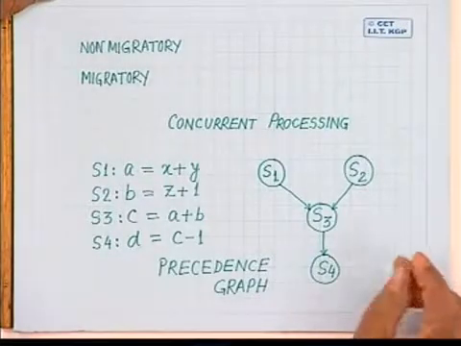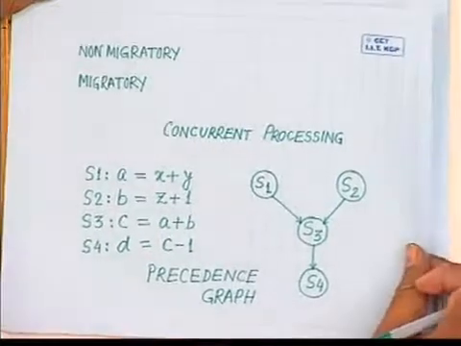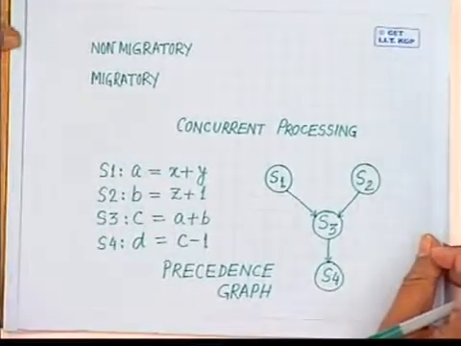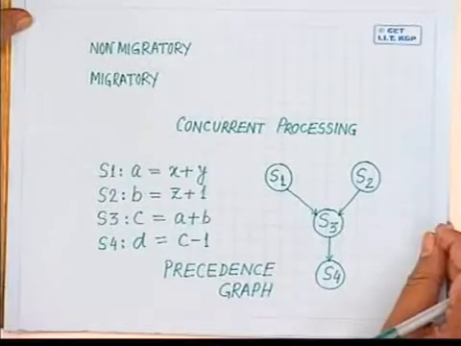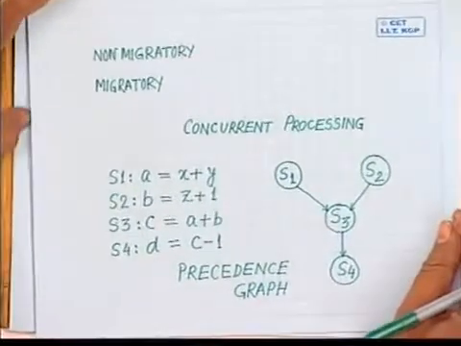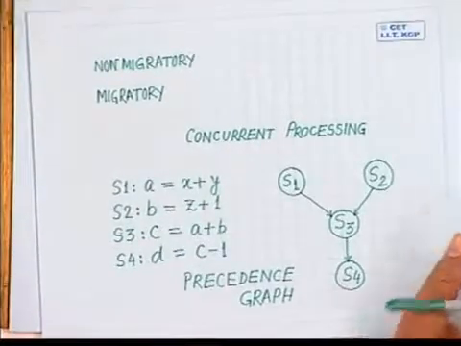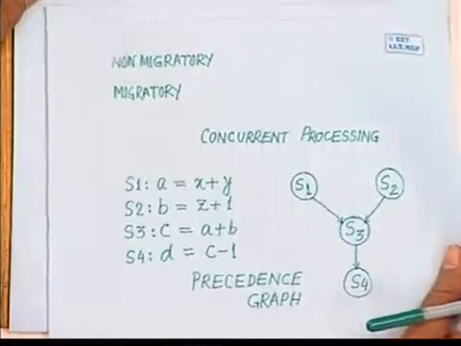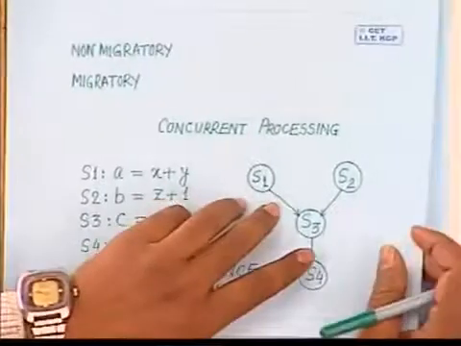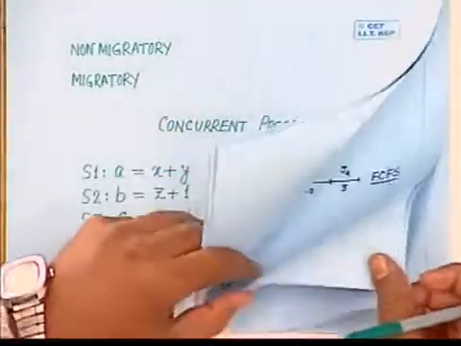So to do that, we define two types of sets for a given statement or for a given subtask. A subtask is nothing but a submodule of a given program. So we define two types of sets.